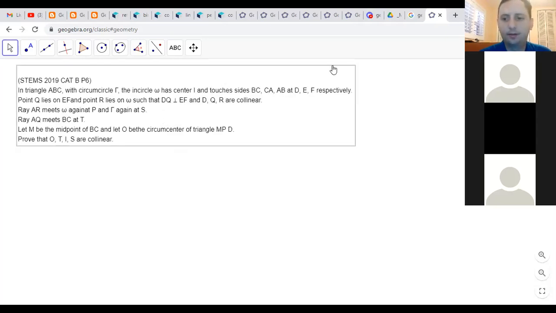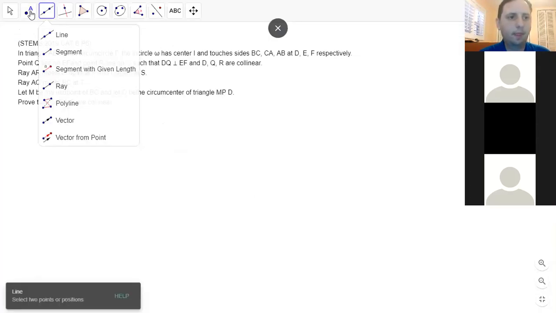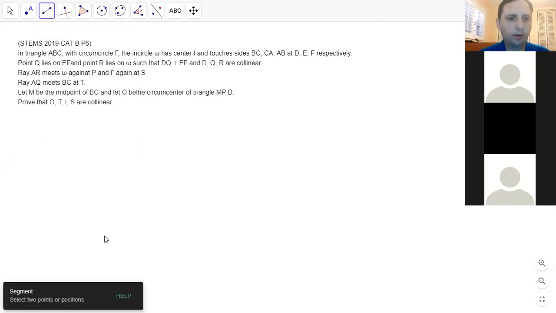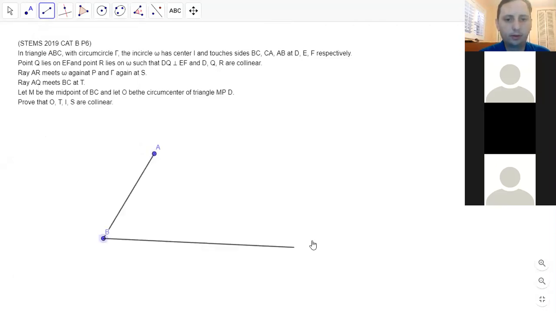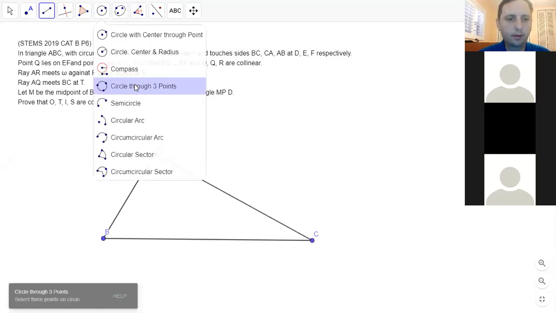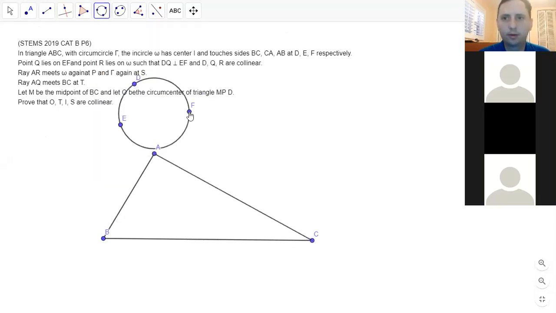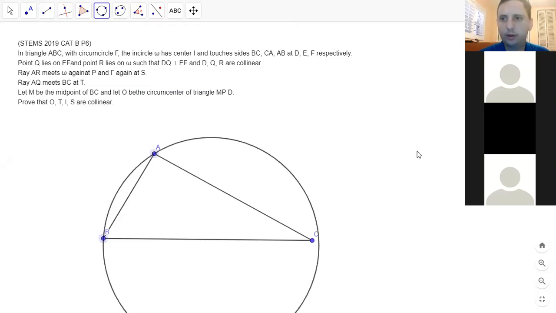So we have triangle ABC with circumcircle gamma, and the incircle touches it at D, E, and F. Oops, not that. So here's the circumcircle, and I'll draw the incircle.